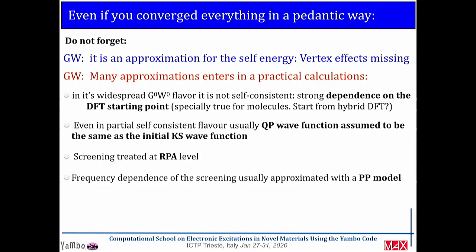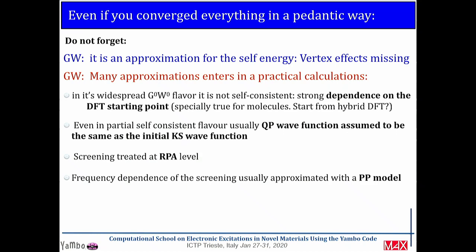Even in partial self-consistency, essentially we mean eigenvalues-only self-consistency, you calculate your quasi-particle energies, and these quasi-particle energies are then used to build up again the screening and the Green function. So a new self-energy, and iterate. Usually it converges very fast.